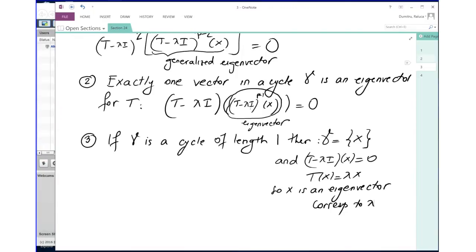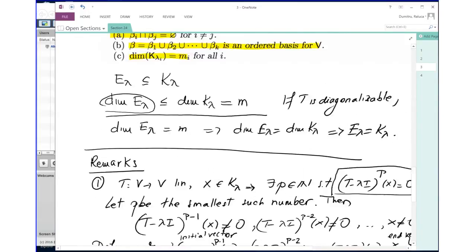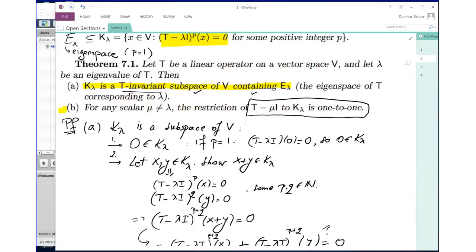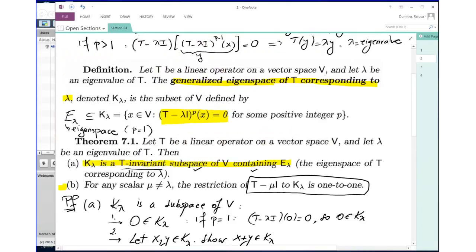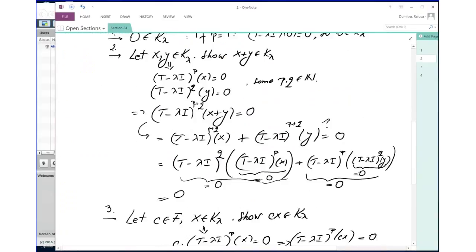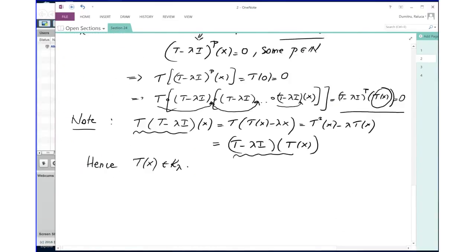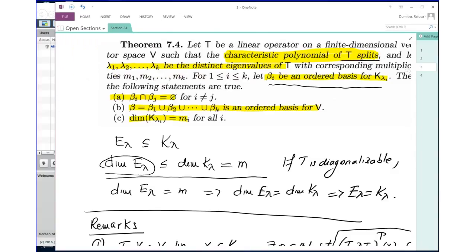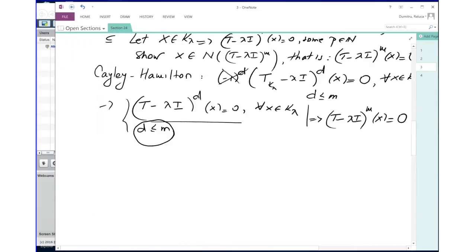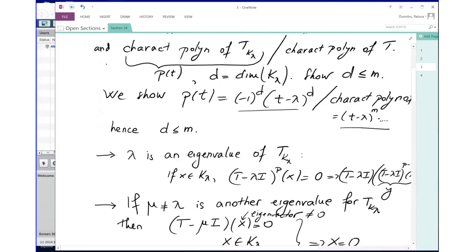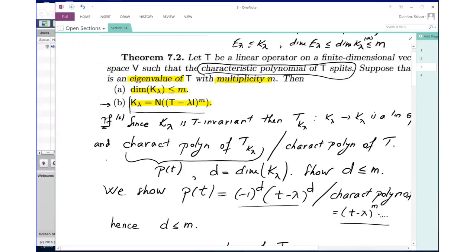However, it's not really necessary because if I find that theorem here, K lambda in general is the null space of T minus lambda identity to the m power.